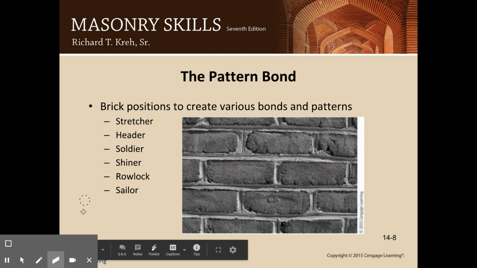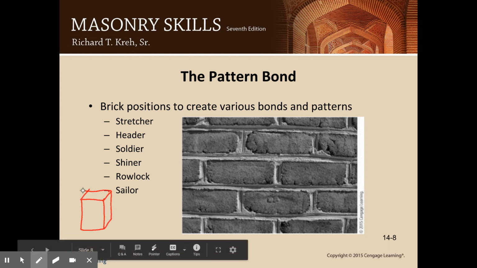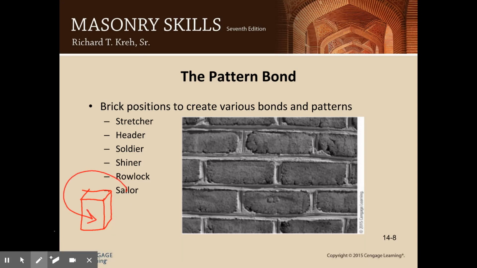And another common one is the sailor, which is like a combination between a shiner and a row lock. So the sailor looks like this. And that is your sailor.